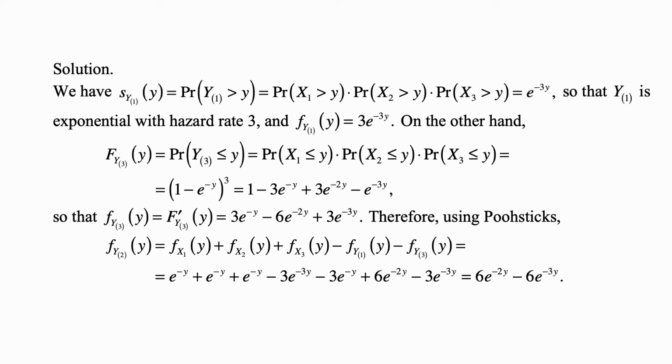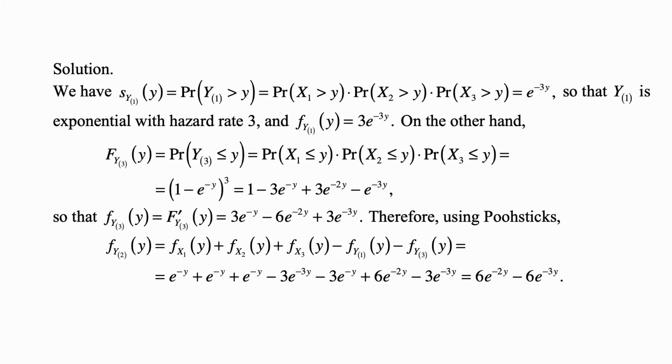So this is equal to the probability that X1 is less than or equal to y, times the probability that X2 is less than or equal to y, times the probability that X3 is less than or equal to y. And that's equal to (1 minus e to the minus y) cubed, and that's 1 minus 3e to the minus y plus 3e to the minus 2y minus e to the minus 3y.